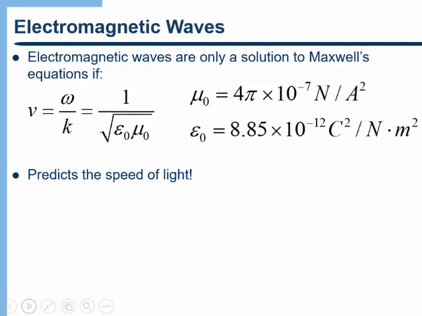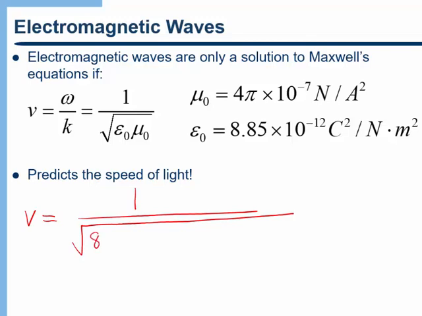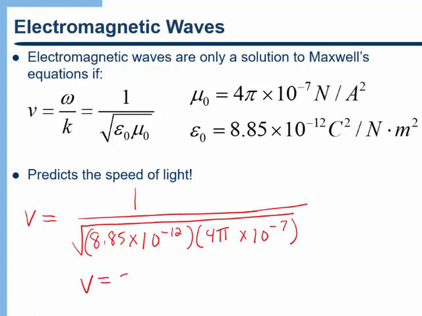And so why don't you go ahead and calculate this, see what you get if you take 1 over the square root of 8.85 times 10 to the negative 12th times 4 pi times 10 to the negative 7th. Well, hopefully what you get is 3 times 10 to the 8th meters per second.